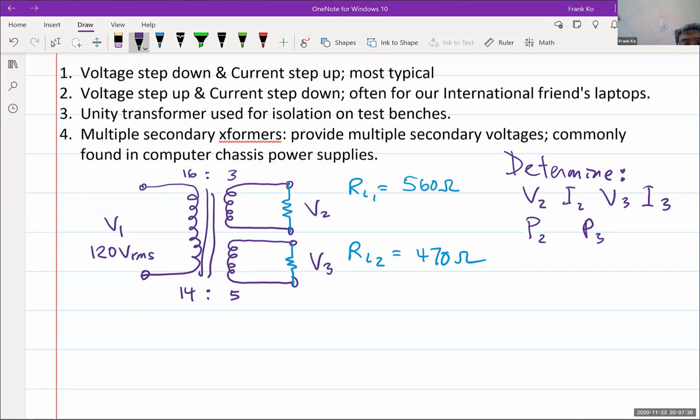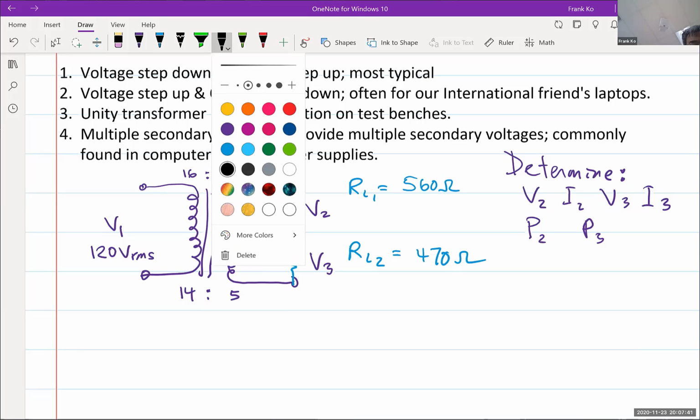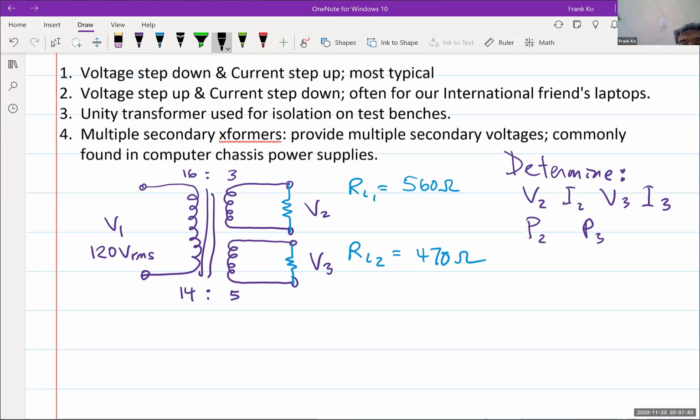So if we're going to play with the upper secondary, we have a 16:3 ratio, yes? So remember our transformer formulas. Transformer formulas are given as this. V1 over V2 equals N1 over N2 equals I2 over I1.